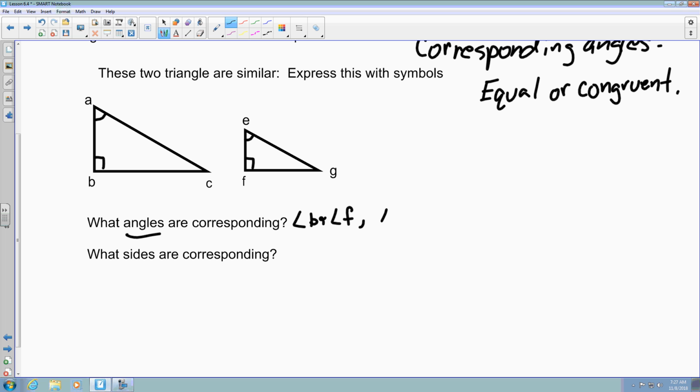So I could say that angle A and angle E are corresponding angles. And then finally, the last one right here, I'm just making little dashes to represent that they're the same, or at least they're corresponding. And in this case, angle C and angle G are corresponding angles. All right, so those are the three corresponding angles for that similar figure.